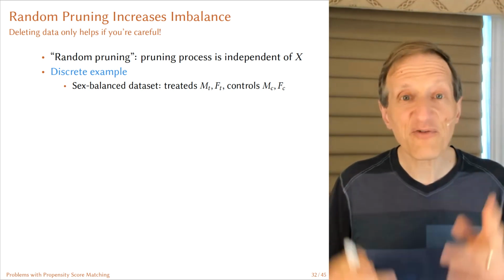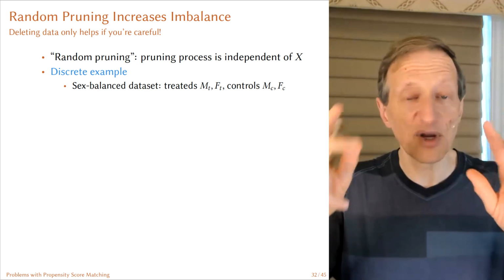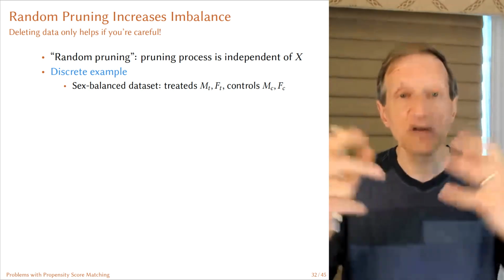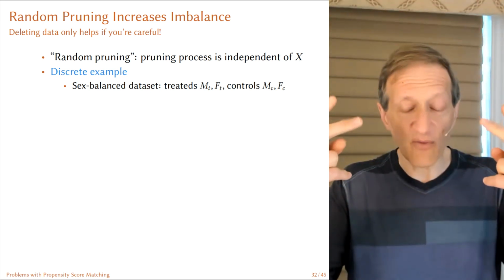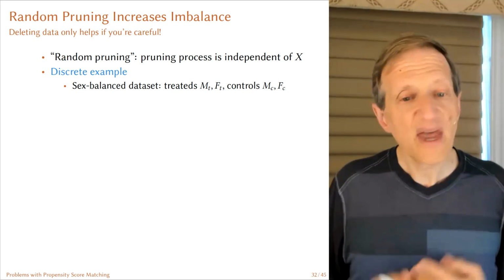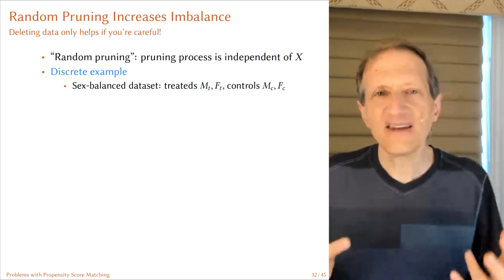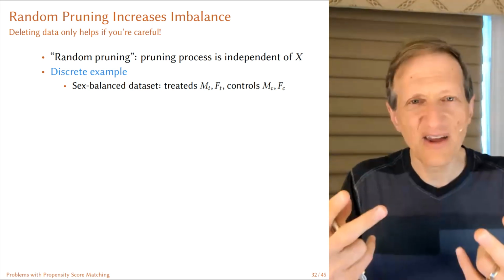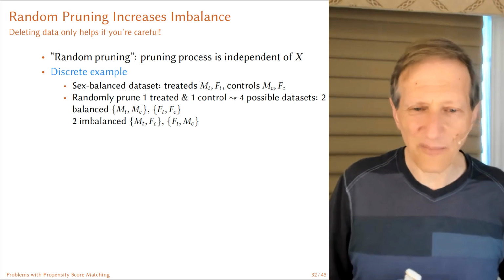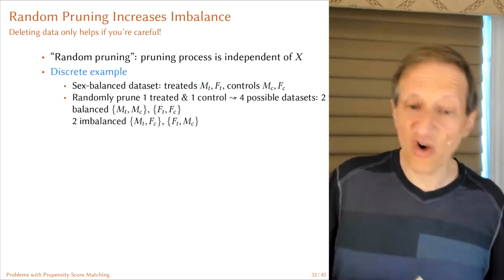Okay. Now from that, I'm going to randomly prune two observations, one from each data set. So I'm going to be left with a data set with only two observations drawn from the observation with four. Now ask yourself, how many different data sets could be drawn if we do it that way? Well, there's four. So I'm going to randomly prune one treated and one control.